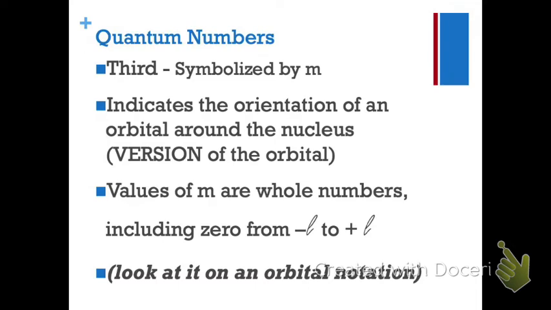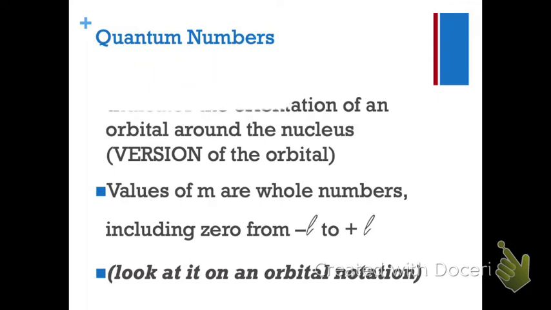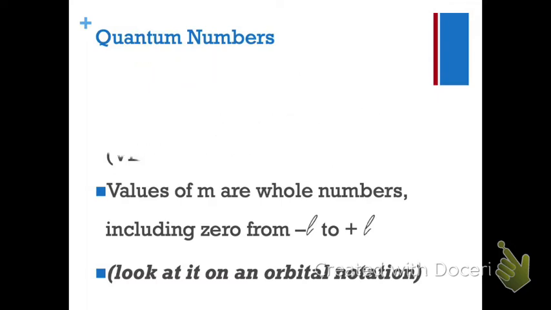Okay, so let's do an example so far. I want to pick an element. I want to pick oxygen. So far, the 3 numbers that we can find. We start by drawing oxygen's orbital notation, and I really only need to draw the last part of it.